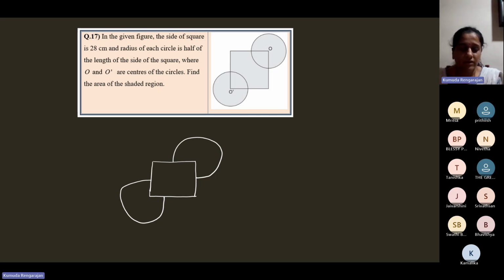So the angle, this is 90, so this one is 270. Ignore this portion, ignore this which is inside the square. So this is 90, so this is 270, 270 and area of the square.